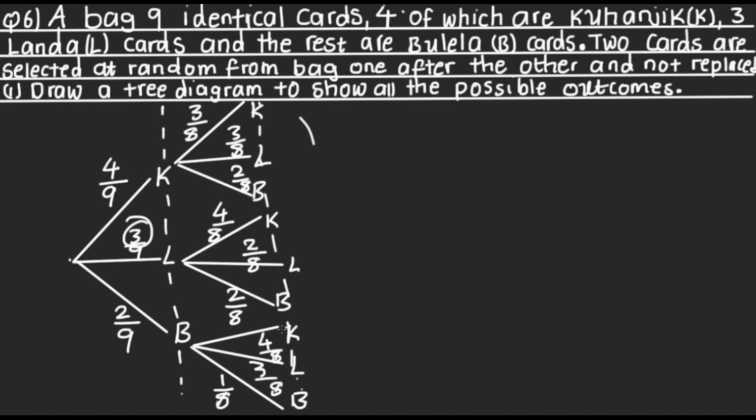So the first question, finding the tree diagram, we've done our tree diagram. Now, let me show the possible outcomes. The first one is KK. So here we are going to have K times K. Then this one is KL. Then this one will be KB.